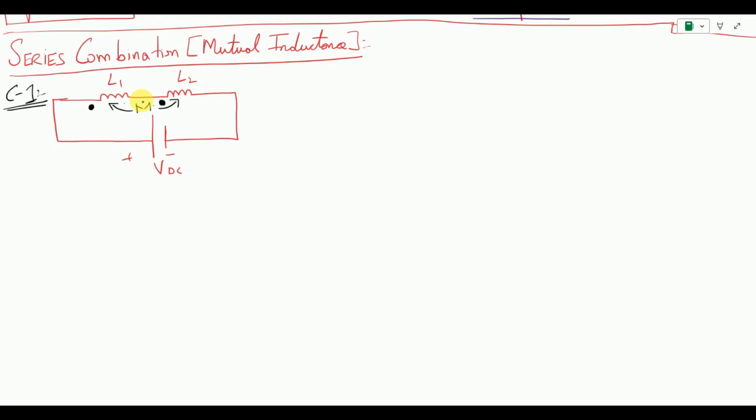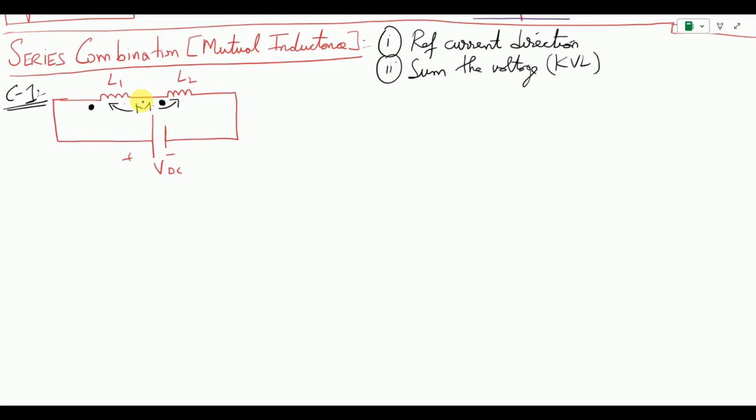The first step is to define the reference current direction. The second step is to sum the voltages, which means use KVL. And finally, you find the polarity or polarities for the mutual inductance M.